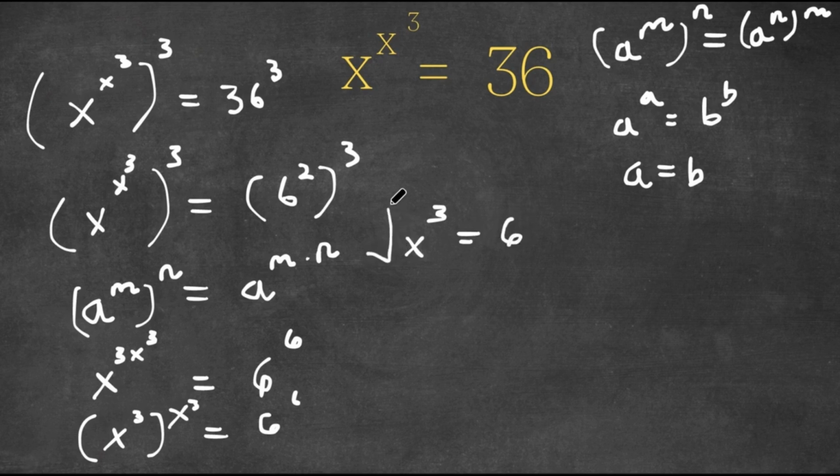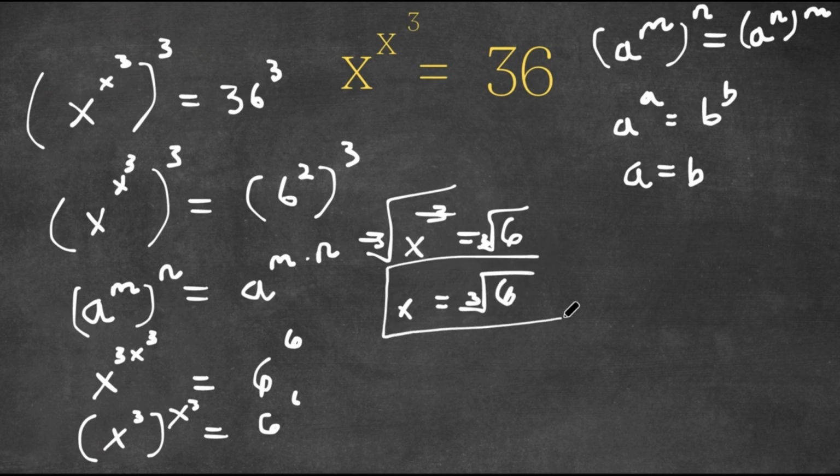And now if I take the cube root on both sides, these two cancel out. Now I'm left with x is equal to the cube root of 6. So this is our answer, and this can also be written as 6 to the power of 1/3.